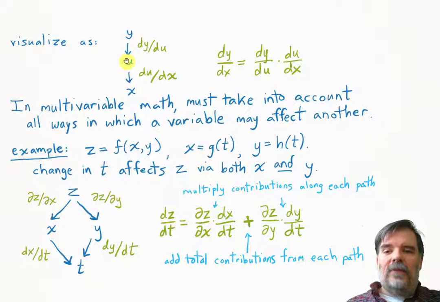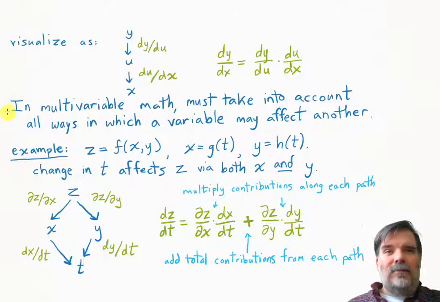The way that x affects u is measured by du dx. The way that u affects y is dy du. And then the total rate of change along this chain is dy dx equals dy du times du dx. So we multiply these contributions.